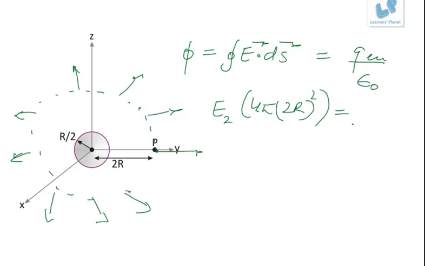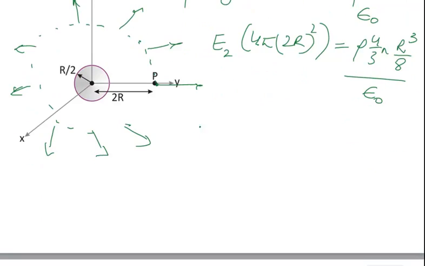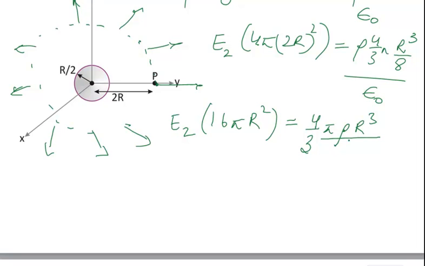Charge enclosed is rho times 4 by 3 pi r cube, where r is r by 2, so r cube is r cube by 8, upon epsilon naught. So E2 times, now 4 into 4 is 16 pi r square, is equal to 4 by 3 pi rho r cube by 8 epsilon naught.